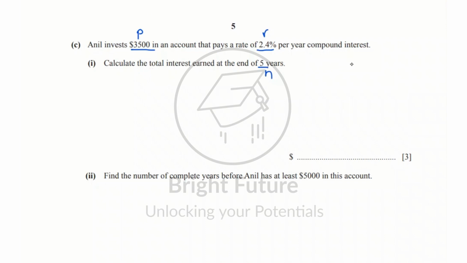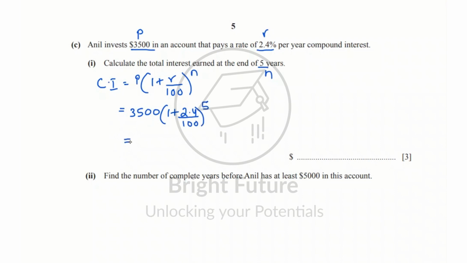So first we find out the compound amount. The formula is P times 1 plus R upon 100 raised to n. So this becomes 3500 times 1 plus 2.4 upon 100 raised to 5.